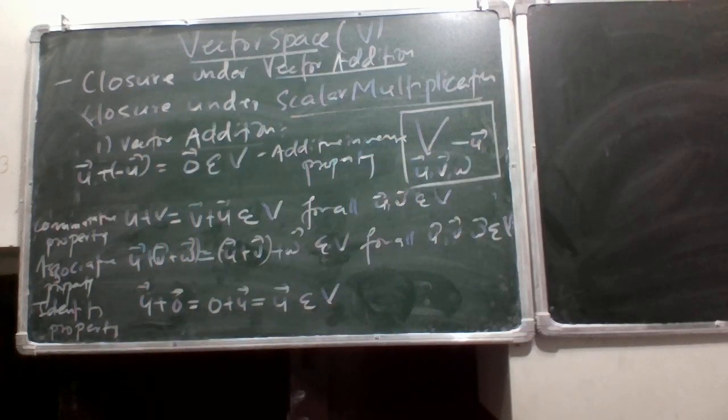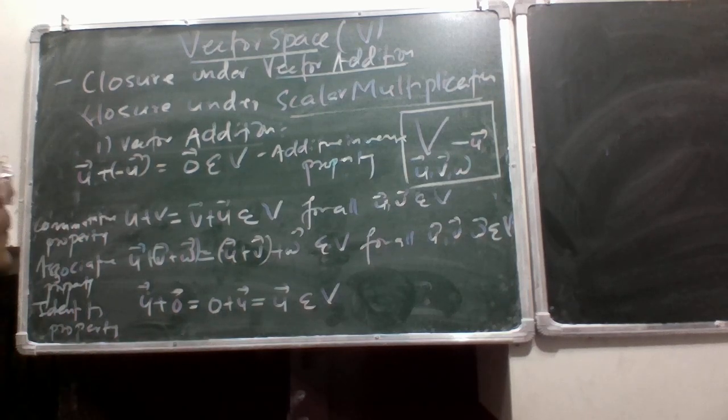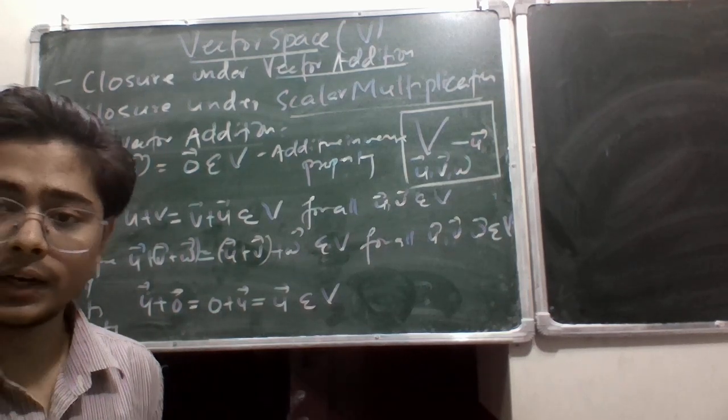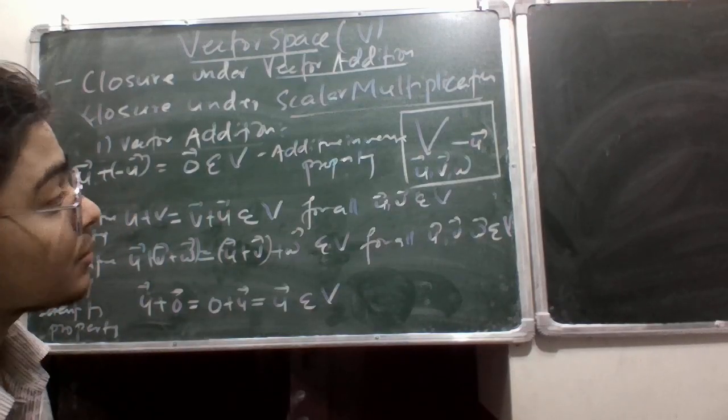And these are the five properties, one, two, three, four, and five, which come under the vector addition properties.